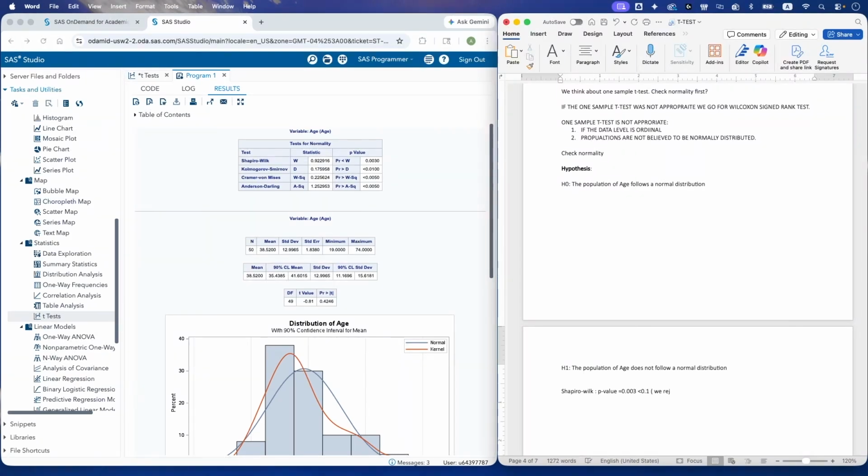We reject the null hypothesis. When you reject the null hypothesis, what does this mean? It means that the age does not follow a normal distribution. We cannot assume the population of the age comes from a normal distribution. So it did not pass the normality test.